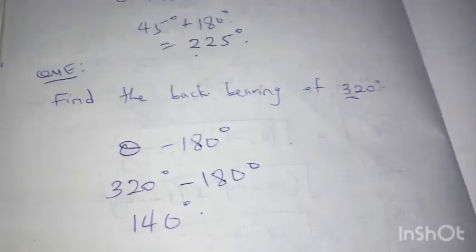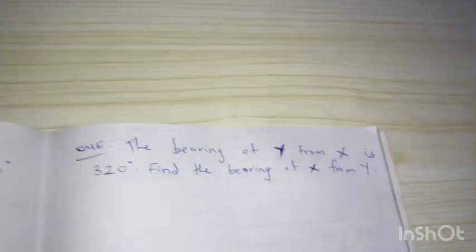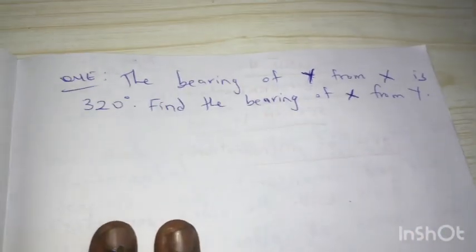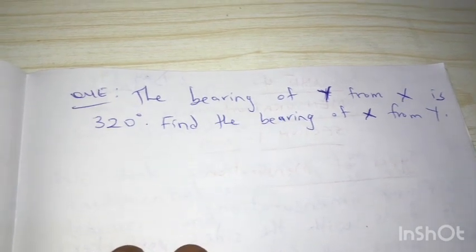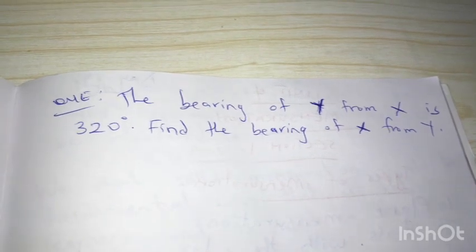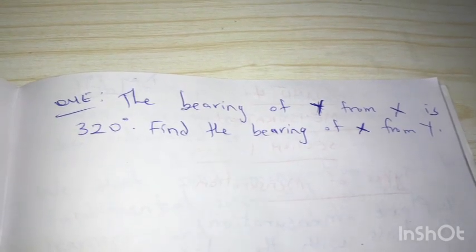This is just a scenario of it, okay? But let's take a very good question, then we'll draw the diagram for it. The bearing of Y from X is 320 degrees.